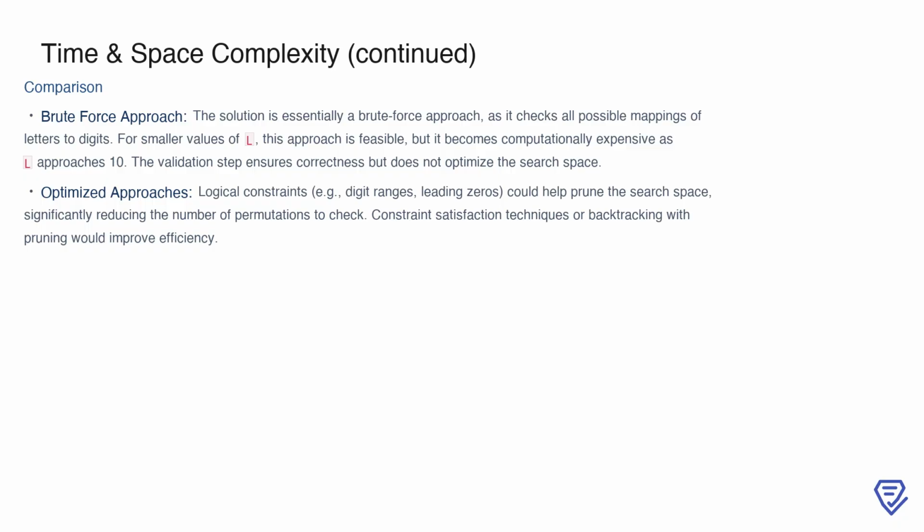To improve efficiency, optimized techniques can be introduced. For example, logical constraints such as digit ranges or rules that eliminate mappings with leading zeros can help prune the search space. Additionally, techniques like constraint satisfaction or backtracking with pruning could systematically explore only the most promising mappings, significantly reducing the number of permutations that need to be validated.